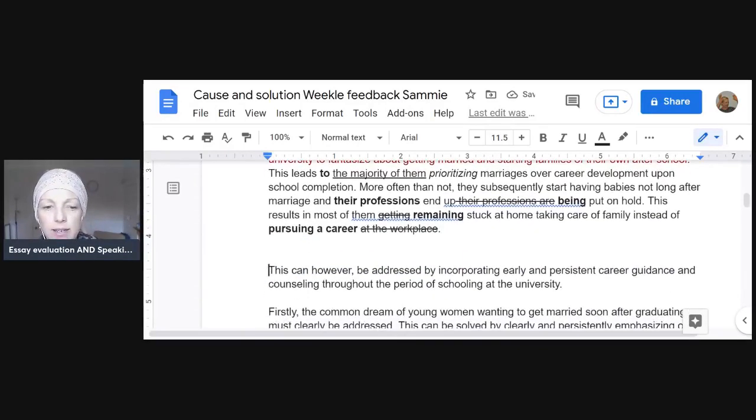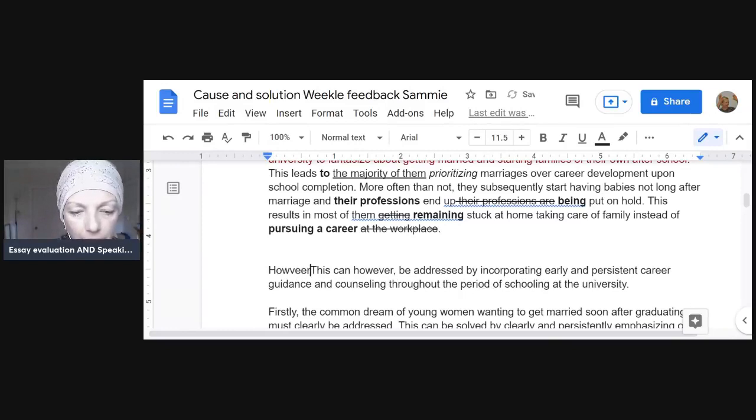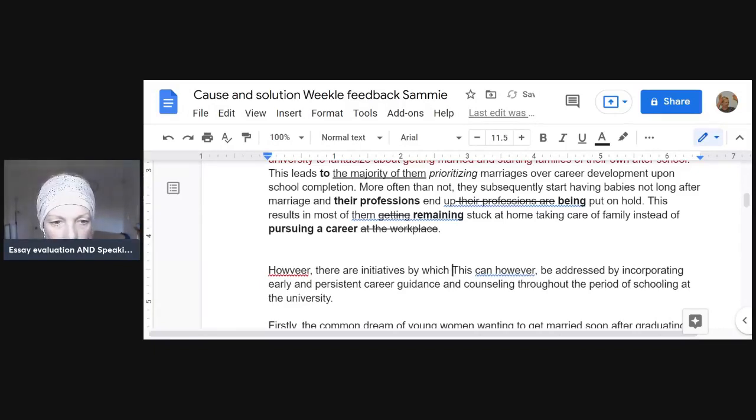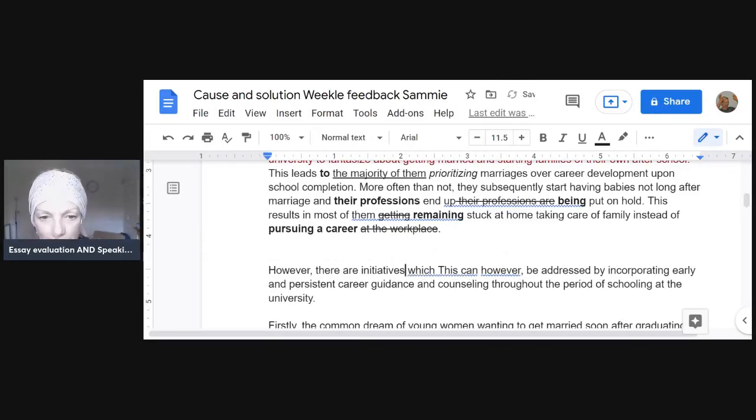Okay. So what I would say, keep the topic sentence really short. I wouldn't put the idea in the topic sentence. I would say, however, there are initiatives which can address this issue, and then we would say firstly.